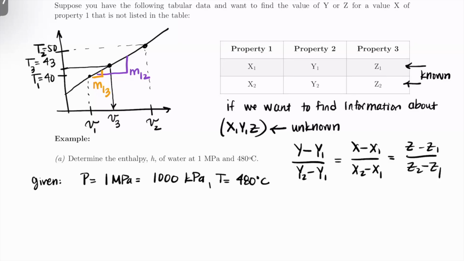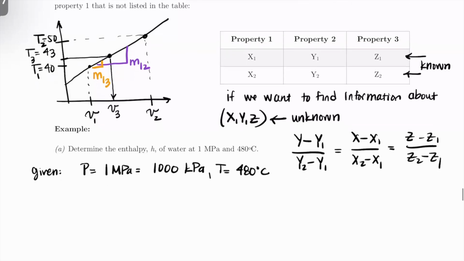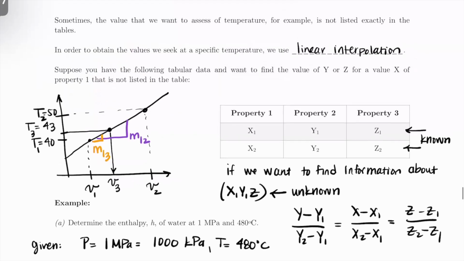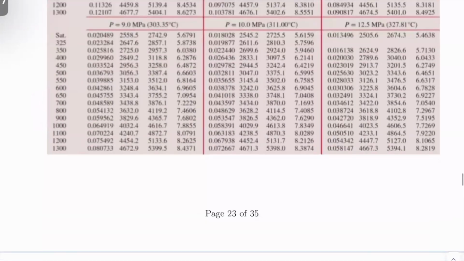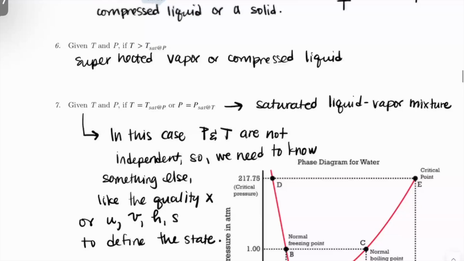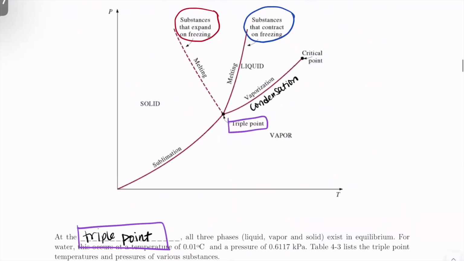All right, so let's go to our original tables to figure out what state we're in. We want to find Tsat at P equals 1 MPa. So we will use table A5, our mixture table, right? Let's go up there all the way to the beginning. No, too far.